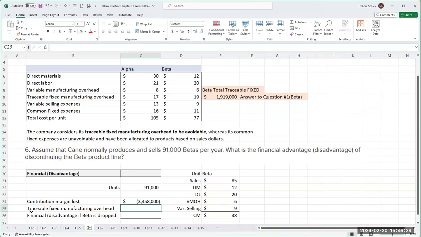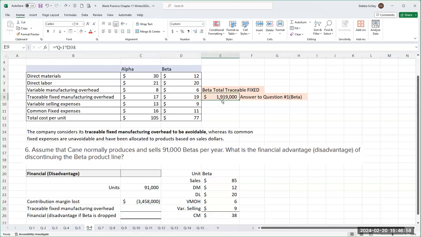Now, this is where I was talking about the traceable fixed manufacturing overhead total. That answer, even though we're talking about 91,000 units here, we have to go back to that original 101,000 units from question 1 to get that total.